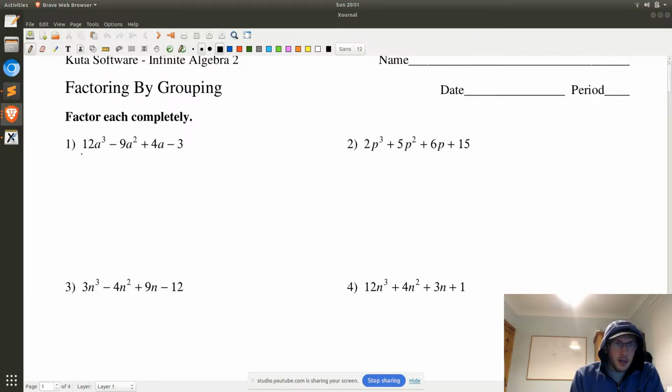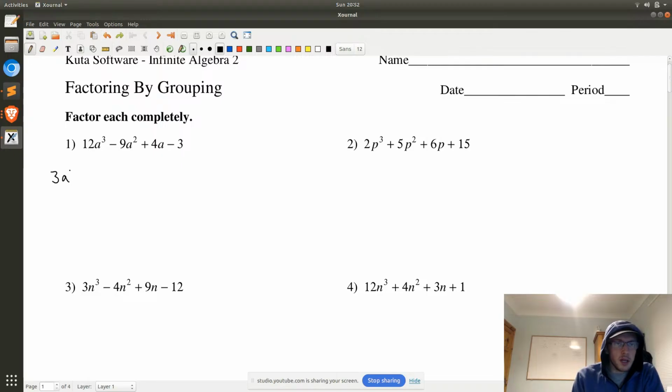Okay, so I believe that it sort of goes like this. I believe we factor out 3a from the first two terms. Is that right? No, I believe we go as far as we can with the first two terms.